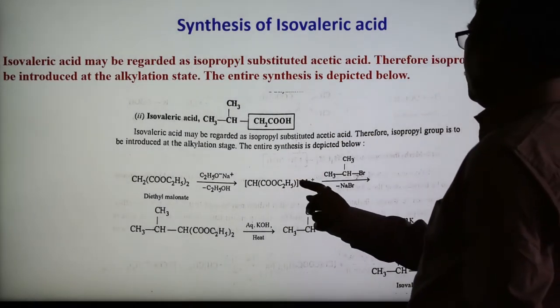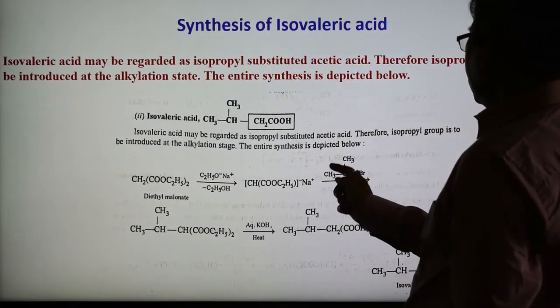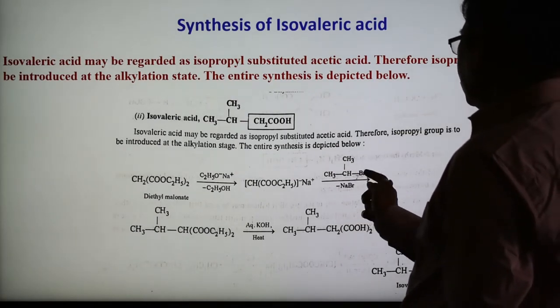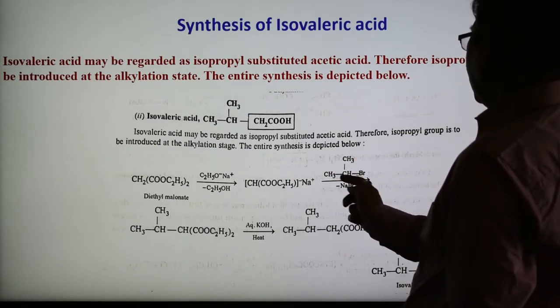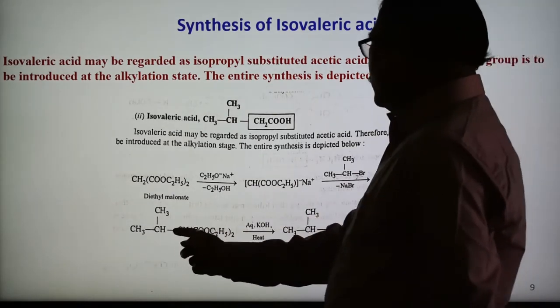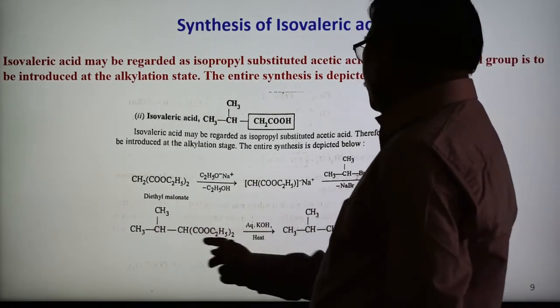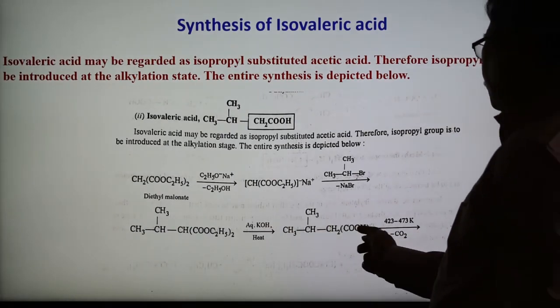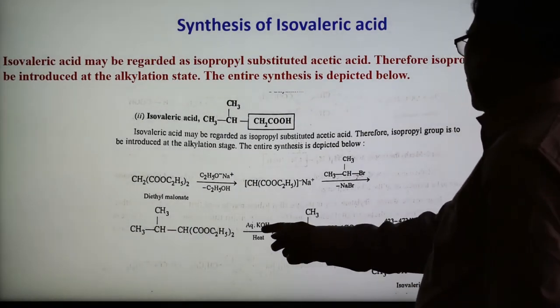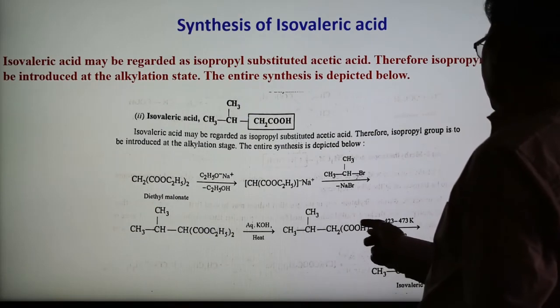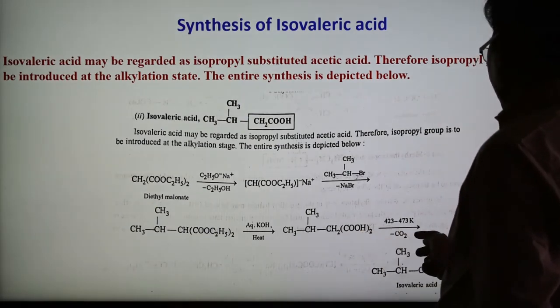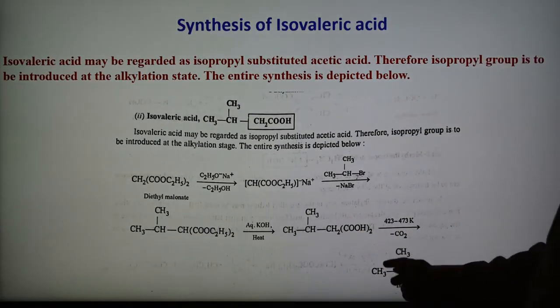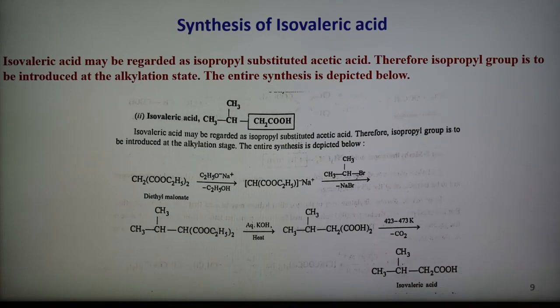This is the enolate ion, and it reacts with isopropyl bromide. So NaBr is lost, and this alkyl group is attached to this carbon. After that, KOH causes hydrolysis, and with acidification these COOH groups are formed. Again CO2 is lost, decarboxylation, and we get the isopropyl group with CH2COOH, isovaleric acid.